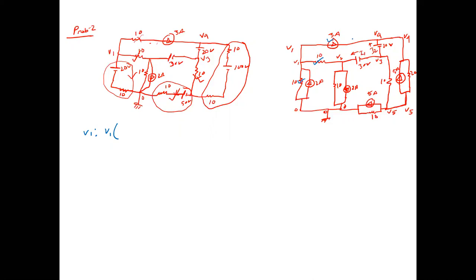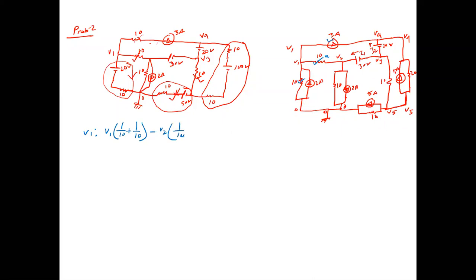So there are only two resistances, so 1/10 plus 1/10 plus. This resistance is connected at point V2, so minus V2.